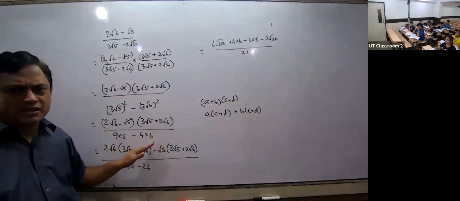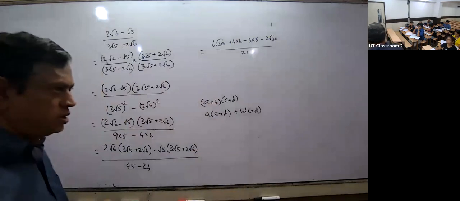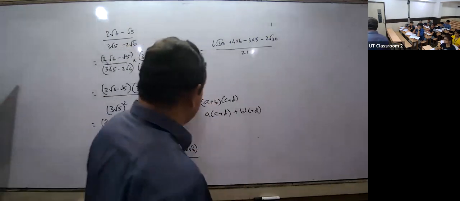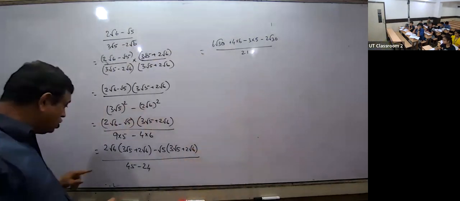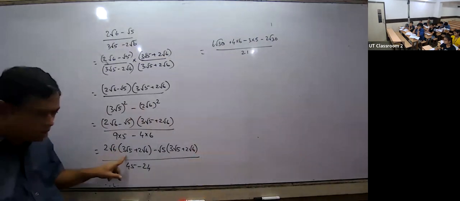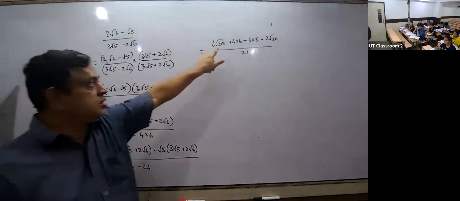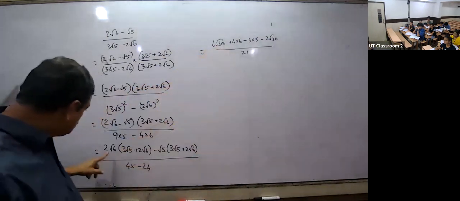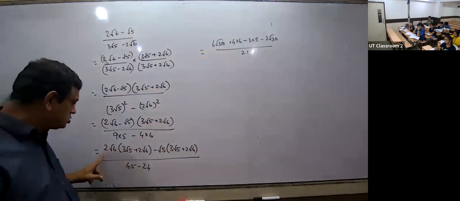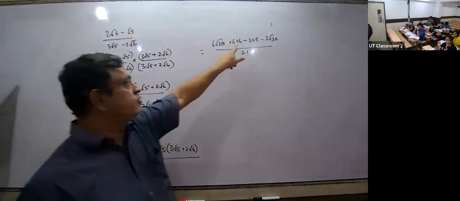Now listen here. How we get this, I am going to explain over here. 2 root 6 into 3 root 5: 2 3s are 6, root 6 into root 5, root 30. 2 root 6 into 2 root 6: 2 2s are 4, root 6 into root 6, 4 into 6.